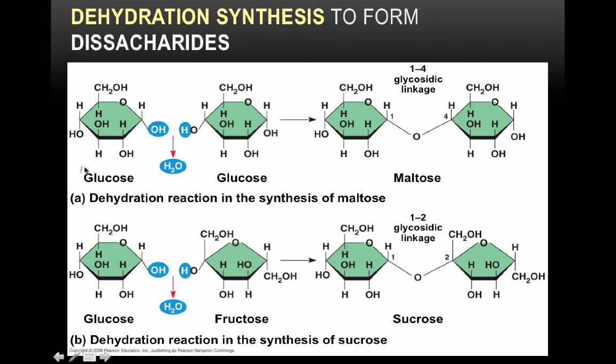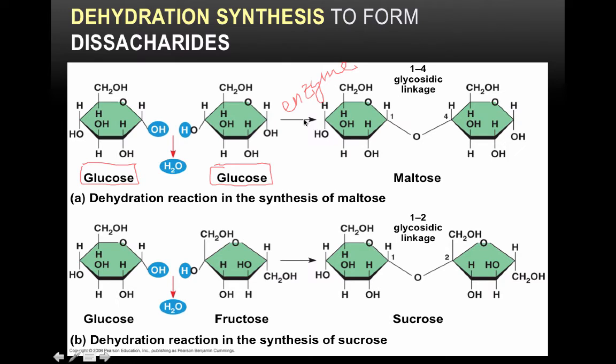Here we can see one monosaccharide called glucose is going to be joined to another glucose monosaccharide. So in this chemical reaction, we have our 2 substrates, which are both glucose. The atoms highlighted in blue are going to be removed during the course of the chemical reaction by an enzyme, a very specific enzyme that only does this chemical reaction.